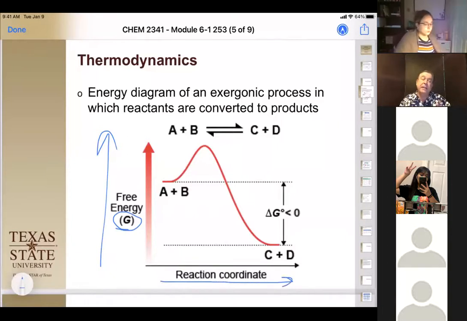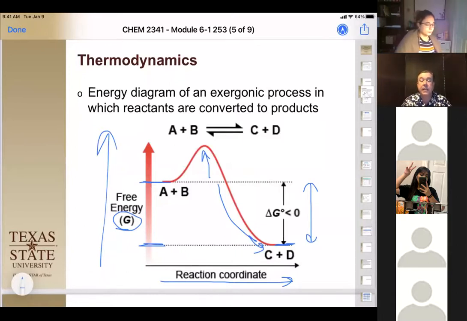This is basically the approximate series of events that happens going from two reactants through some kind of high energy state, because we're increasing energy here, and then cascading down to its final products. If the final products have less stored free energy than the starting materials, it gives off Gibbs free energy, and it's called exergonic. It's releasing Gibbs free energy.